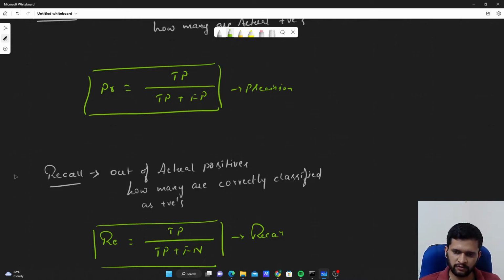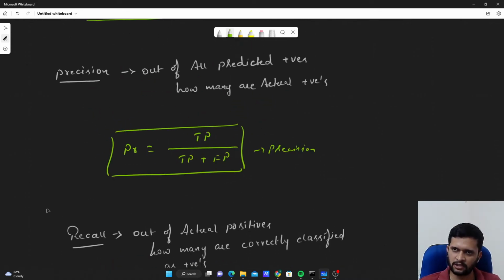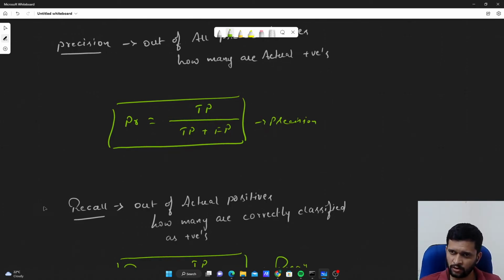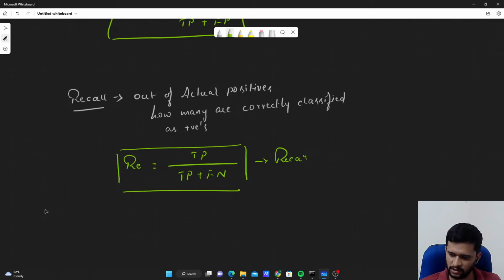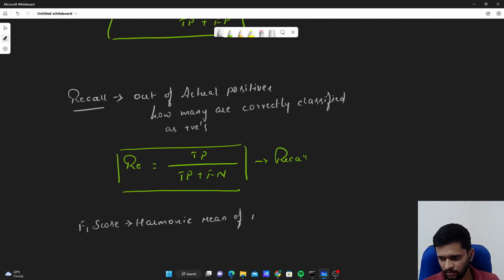Now, since we have these two different numbers, precision and recall, it is better to club these two numbers and arrive at a single number. That is called the F1 score, and this is the harmonic mean of precision and recall.